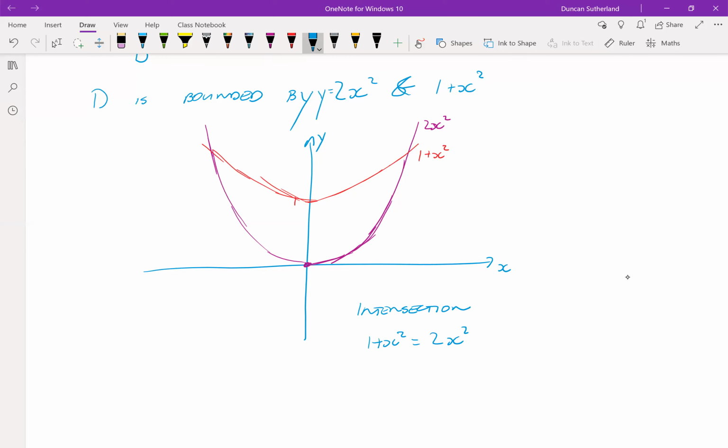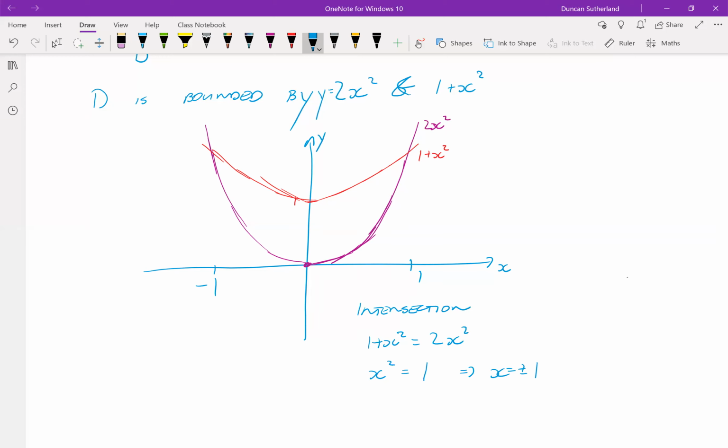Because this is where the two curves are equal. We can rearrange this fairly comfortably. We subtract x squared from both sides. And so we see that x equals plus or minus 1. So we do find both of the intersection points, which is quite nice.